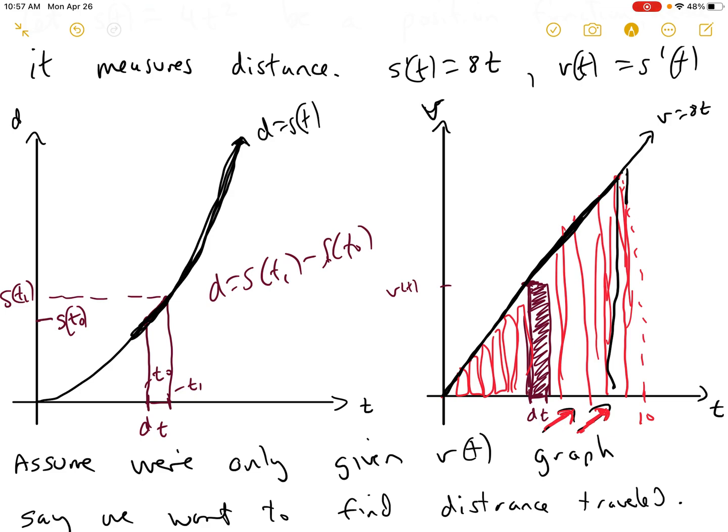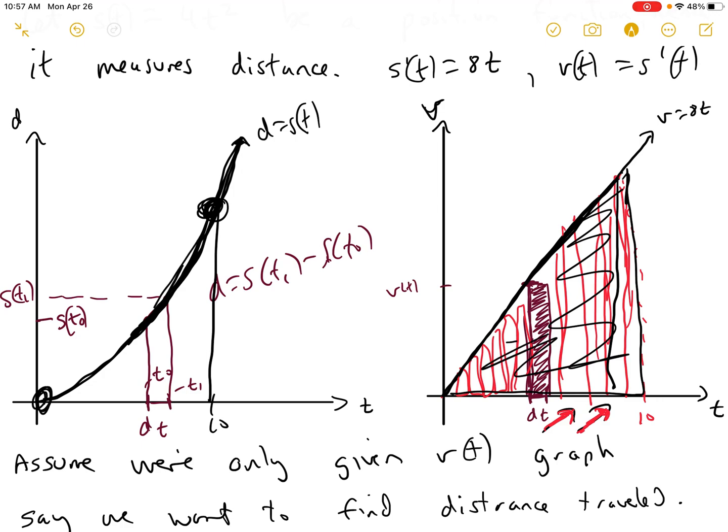So the area represents it, from here to here along the curve. So this area equals this.